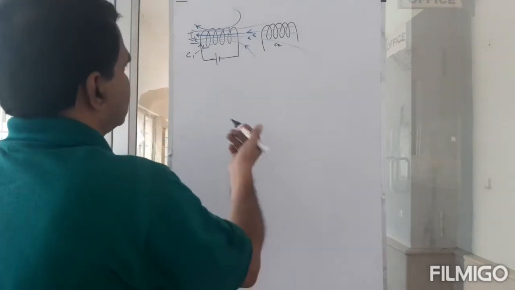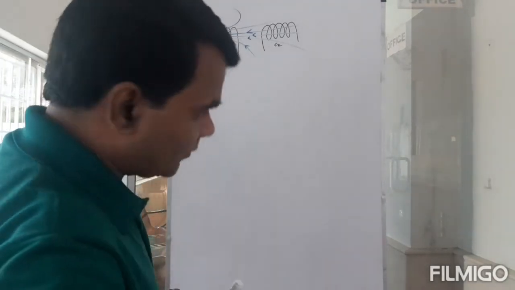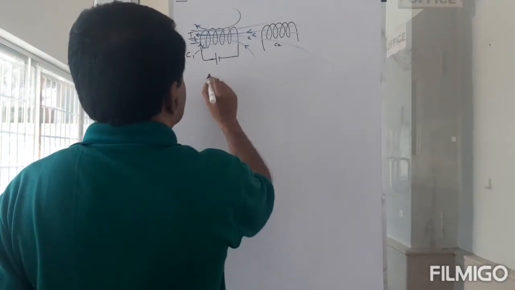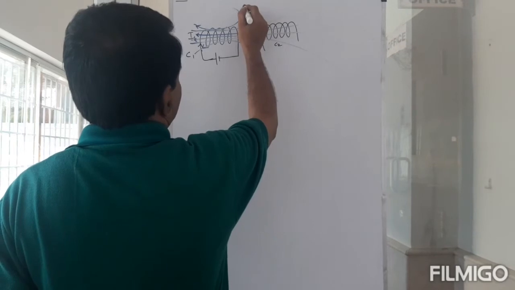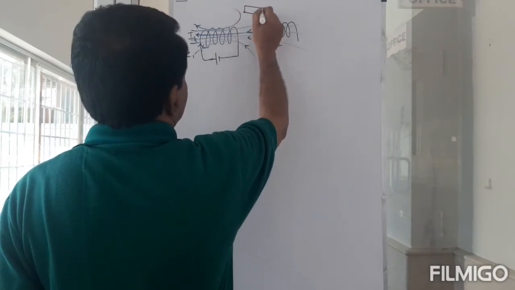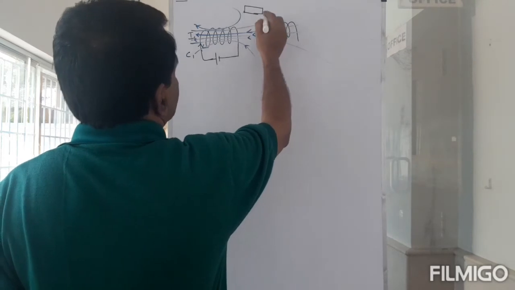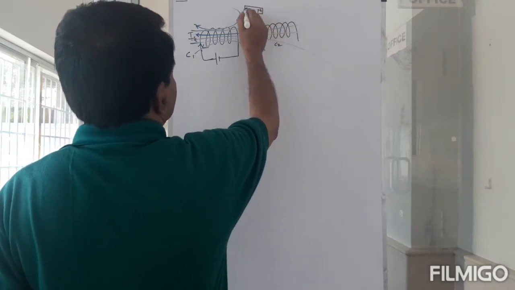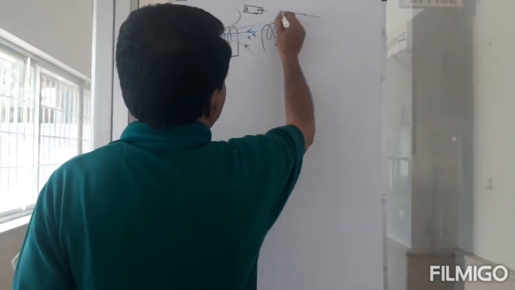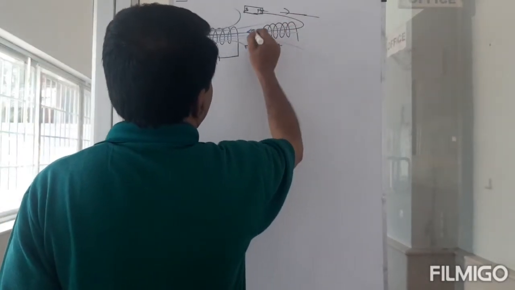Let us suppose I bring a magnet. Suppose I bring a magnet here, any other place, doesn't matter really. Okay, this is north, this is my south. So clearly, then field lines will go like that and come like that.